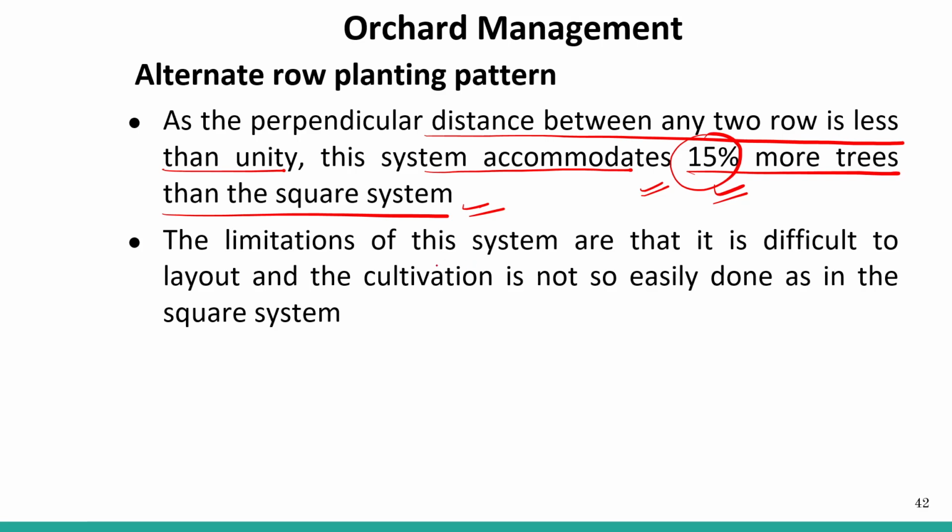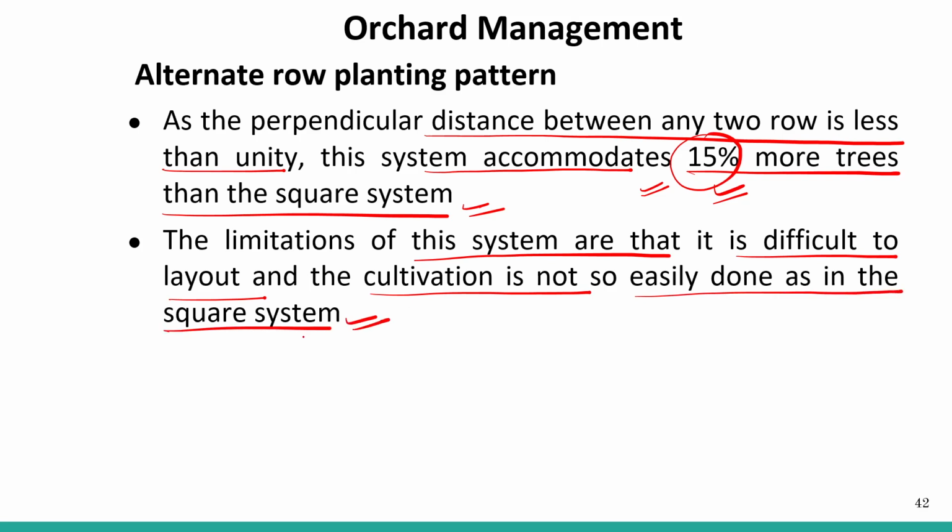The limitations of this system are that it is difficult to lay out and the cultivation is not as easily done as in the square system. Another drawback is that cultivation is quite difficult in the case of the hexagonal pattern.